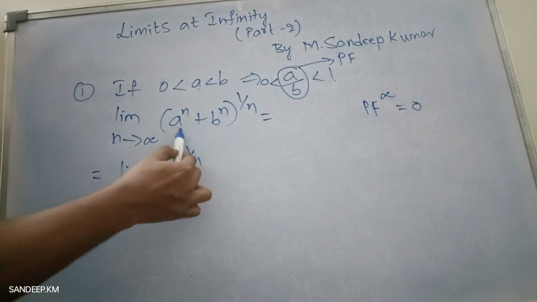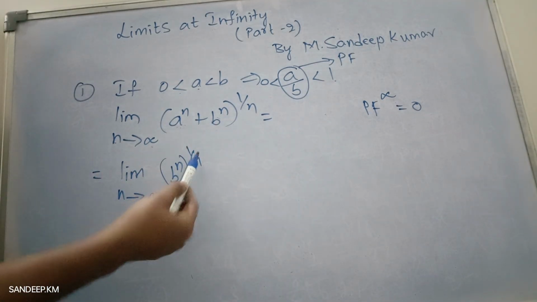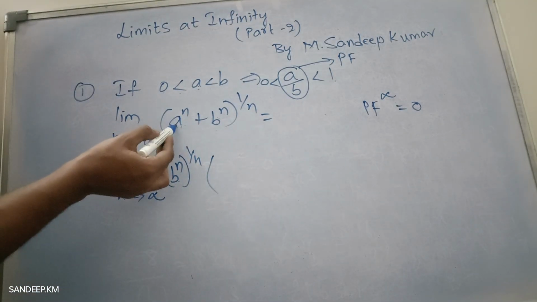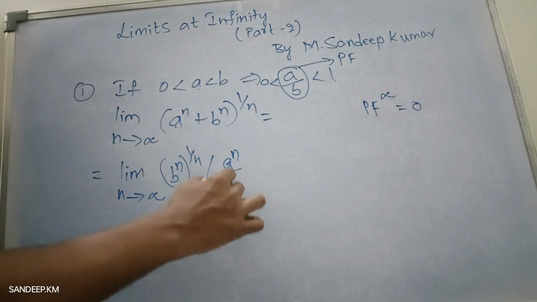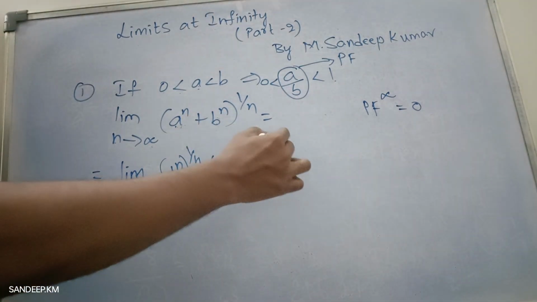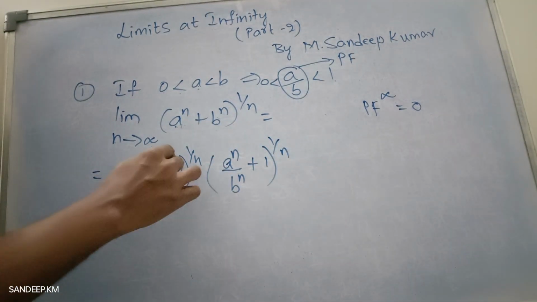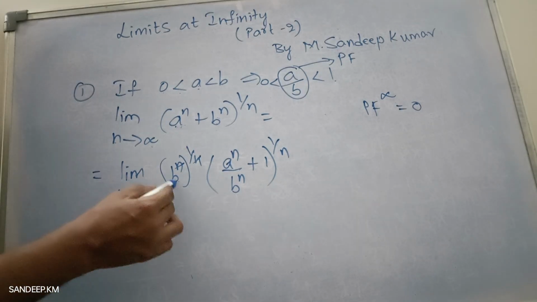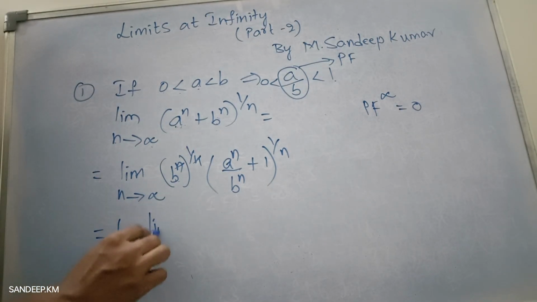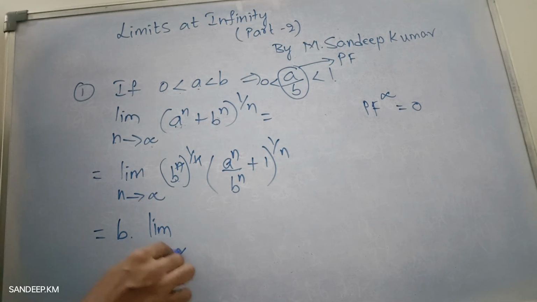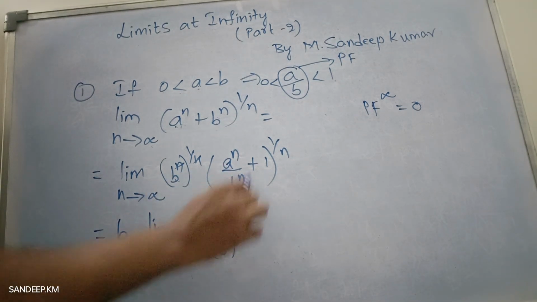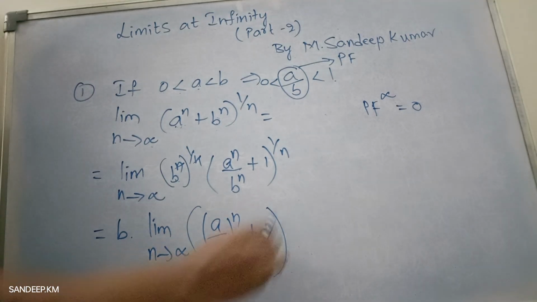When it comes outside with power 1 by n, so this becomes (a^n divided by b^n plus 1) whole power 1 by n. So the n and n get cancelled, and b is a constant independent of the limit. You can take it outside: b times the limit as n approaches infinity of ((a by b)^n + 1)^(1/n).